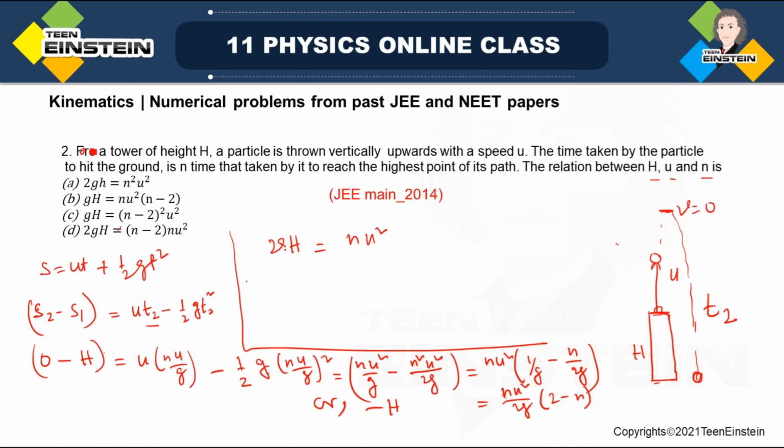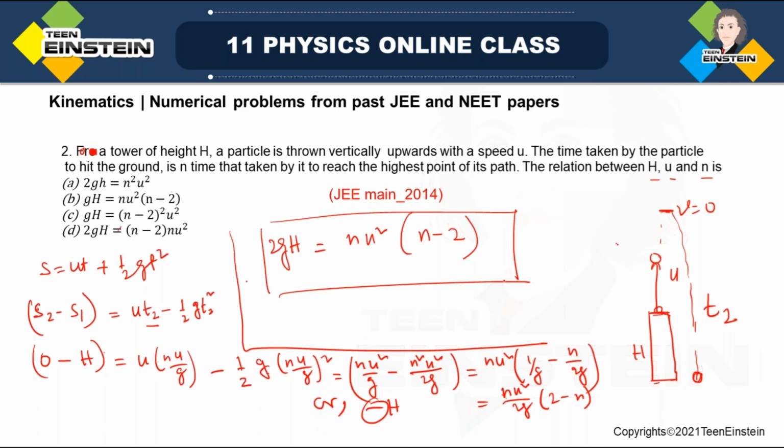If I just multiply 2gH this side, you'll get n minus 2, because there is a minus over here. So 2gH is equal to n u square whole into n minus 2. This is the formula we must be getting, the relation between u and capital H: 2gH = n u square (n minus 2). So this D will be the correct answer for this question.